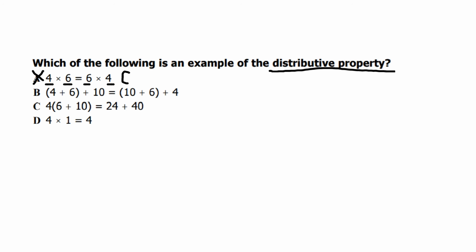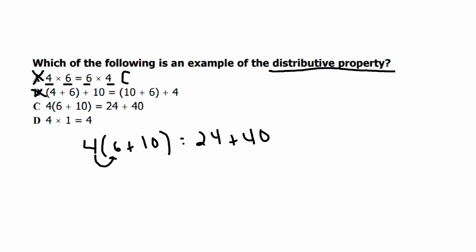Okay, so let's look at the next one. 4 times 6 plus 10 is equal to 24 plus 40. Let's see if that's true. So first we distribute our 4 to our 6 and we multiply. And then we have to add on this part, so we have to multiply the 4 times the 10.